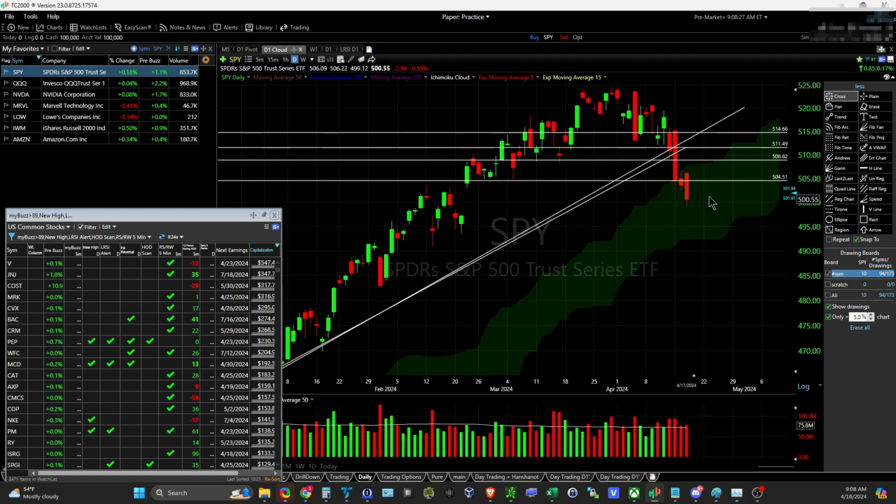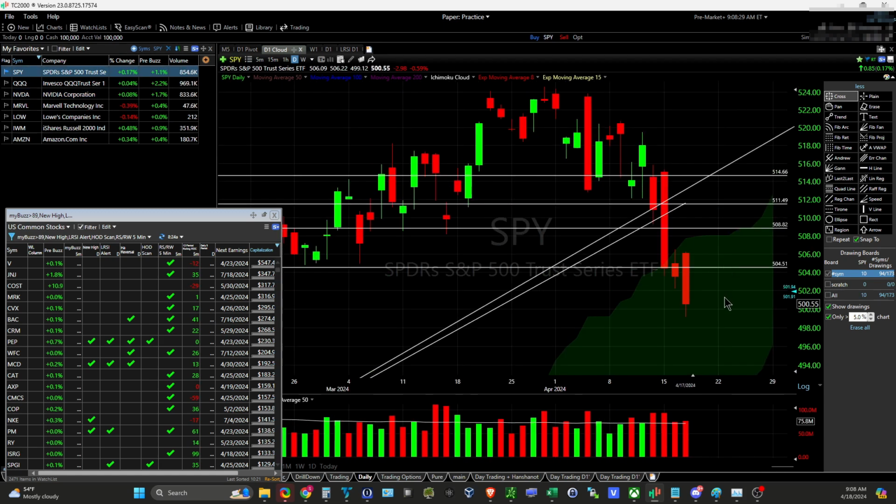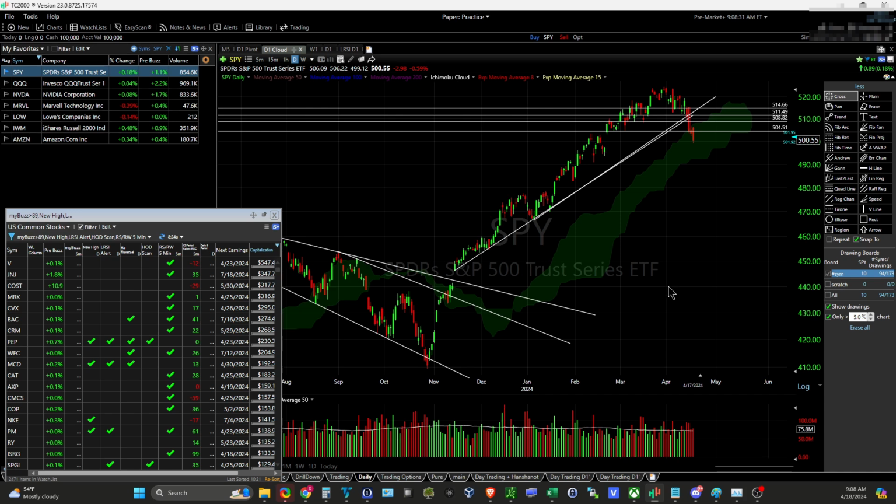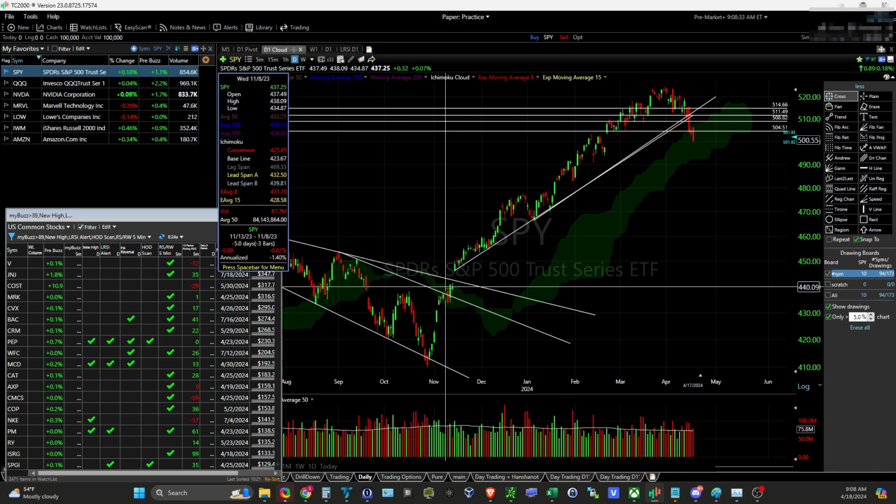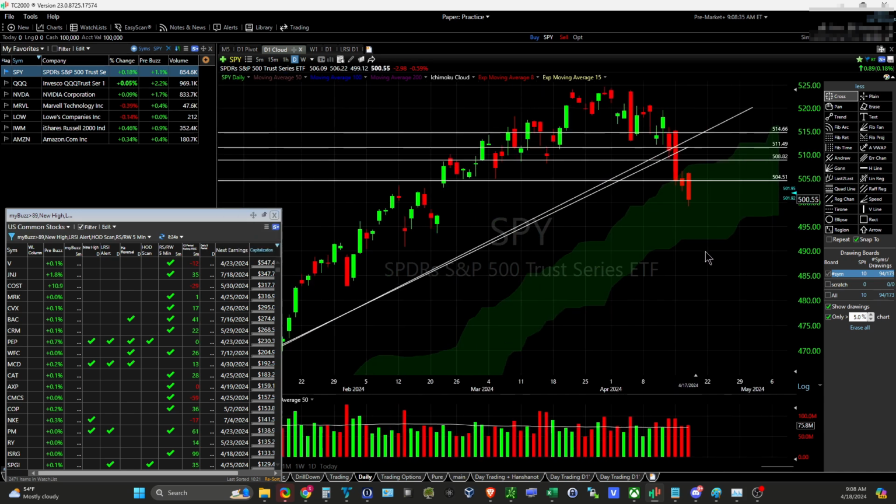You can see that with SPY. We are currently in the cloud on SPY, which we haven't been since November of last year. So the price action intraday here has been quite choppy, and anyone monitoring it day by day can tell that. So that's another indicator I like to use.